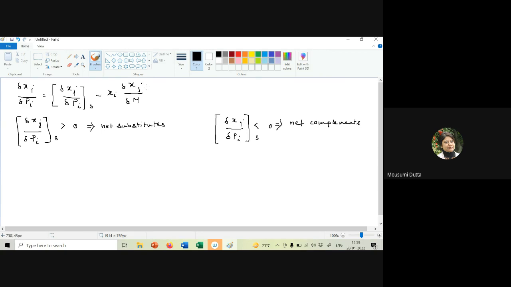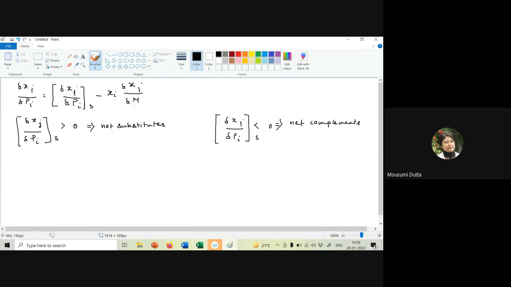Now, if the commodity is a normal good, in that case, del xj by del m is positive. So if this entire thing should be positive, then the absolute value of the substitution effect should offset this entire negative part. So when the commodities are normal in nature, we cannot say unambiguously net substitutability indicates gross substitutability.